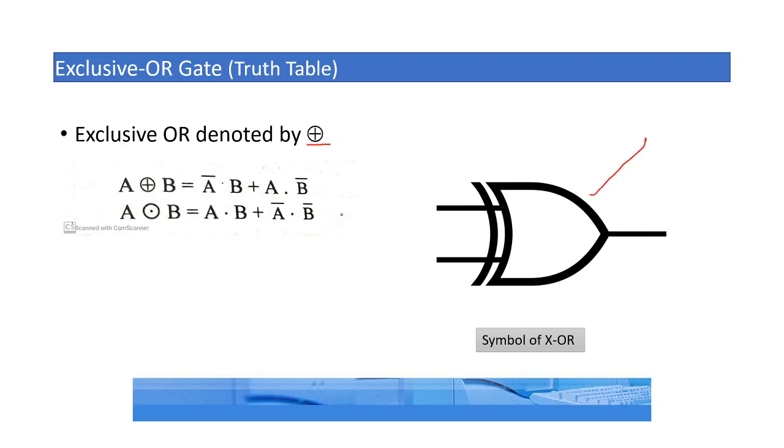So if we have input A like this and input B like this, the exclusive OR is A plus encircled B, and it is always equal to A bar dot B plus A dot B bar. It is also written with the help of this symbol, and it is also equal to A dot B plus A bar dot B bar.